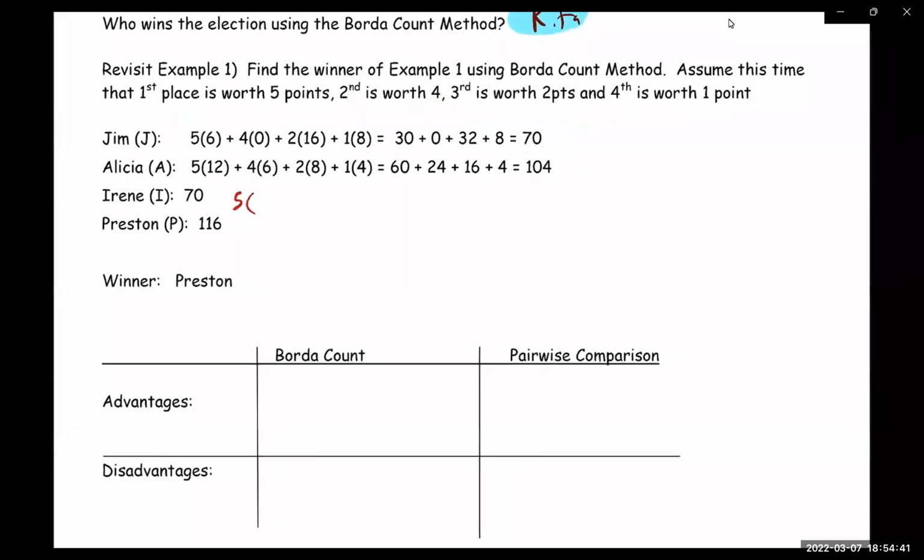But 5 points for first place, 4 points for second place, 3 points for third place, 2 points for fourth place, wait, first, second, third, fourth. So why did they skip? 5 points, 4 points. Oh, they don't have 3 points. See, they went from 4 points to 2 points. That's weird.